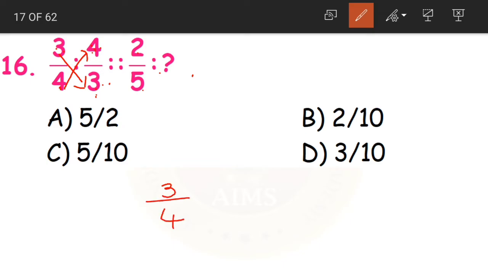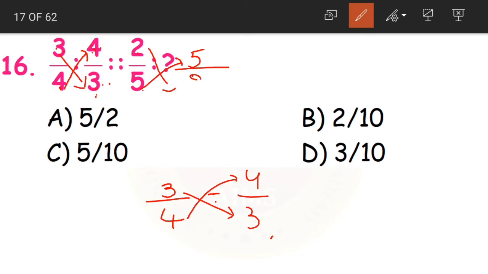First we had 3 by 4. Now we wrote the reverse of it. 4 on top, 3 below. So in the same way, what will 2 by 5 become? 5 comes on top, 2 comes below. So 5 by 2 is our new fraction. And which is the correct option?